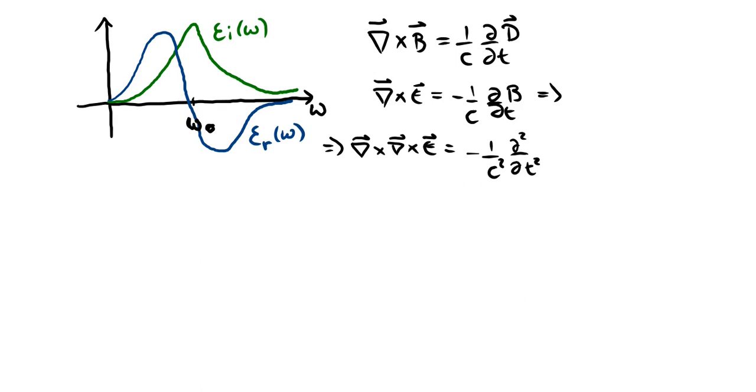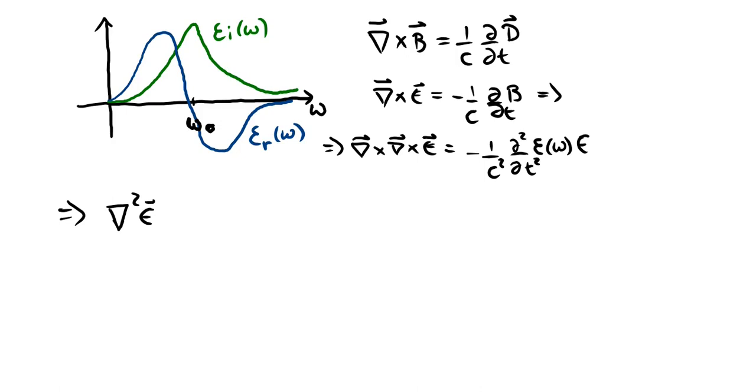And this displacement field, I'm going to rewrite as epsilon of omega multiplied by the electric field, right? So actually, let us take a Fourier transform of everything and write everything in terms of this omega here. I'm also saying that the divergence of E is going to be 0. I'm going to choose it like that. In the end, what I get is that the Laplacian of every component of this electric field is going to obey this kind of equation here.